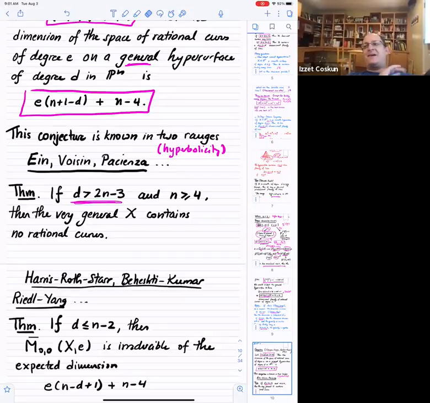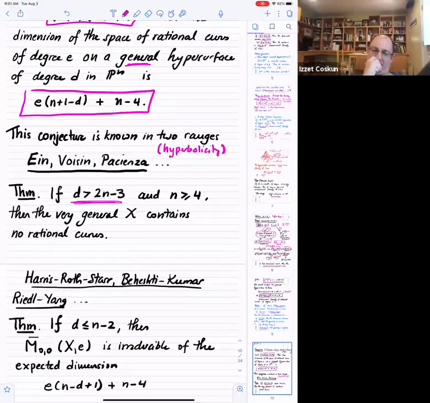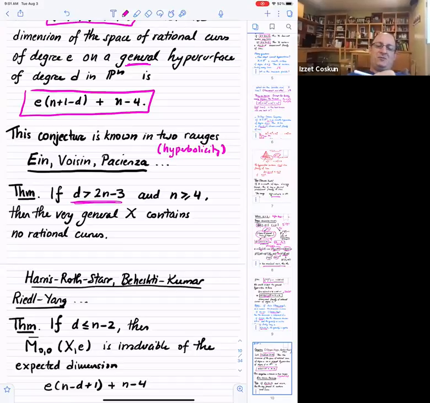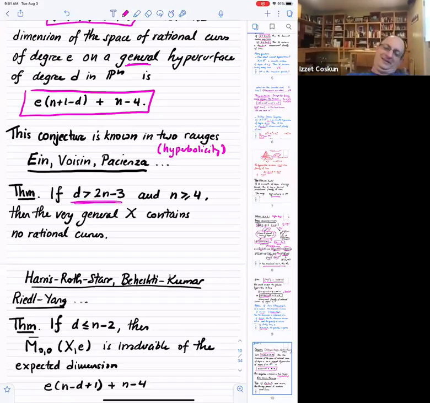So that means that there are no rational curves, no elliptic curves, no abelian varieties, anything like that. Okay, so the bounds in Ein were off by one, and then Voisin and Pacienza improved the bounds to make it the sharp one, and so on and so forth.